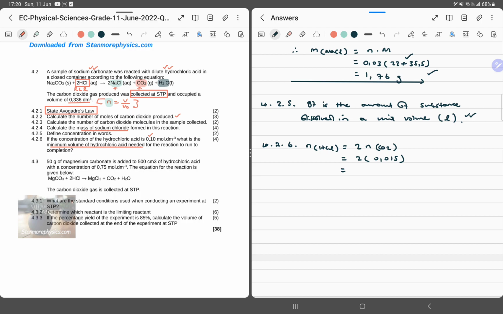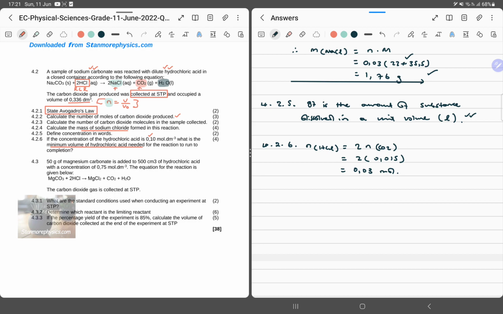It's going to be the same as the thing we just did above. So this is going to be 0.03 mole. Maybe we should have used the sodium chloride because it's a 2:2 ratio, so essentially the same number of moles.